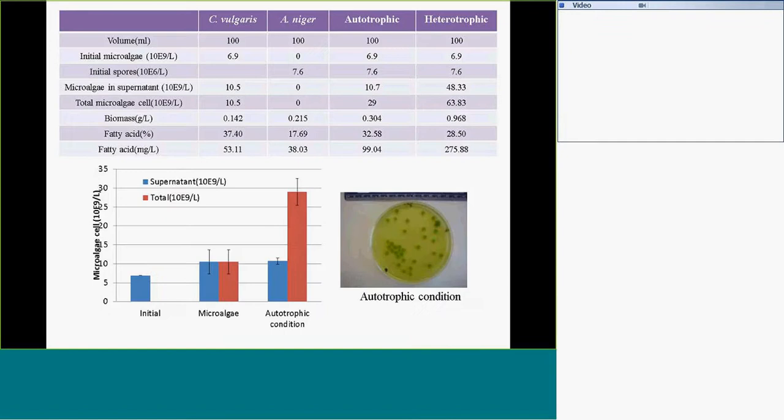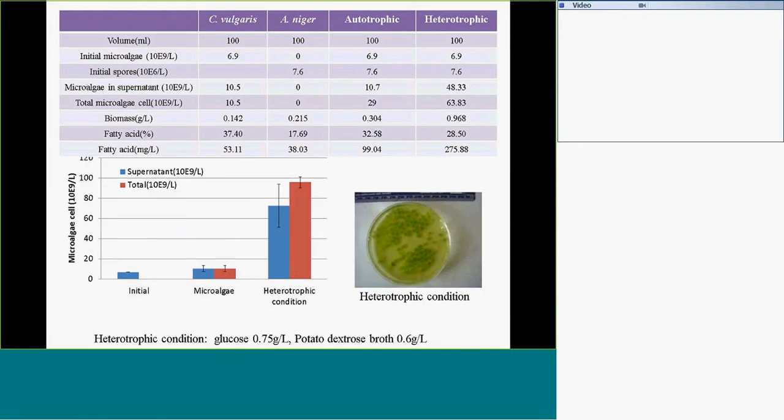This is an example. Autotrophic condition, algae in the suspension, this is the supernatant. This is the total mass. So you can compare this portion and this portion. You will see 6% of the algae cell biomass are removed by the co-pelletization process, either in autotrophic or heterotrophic process.